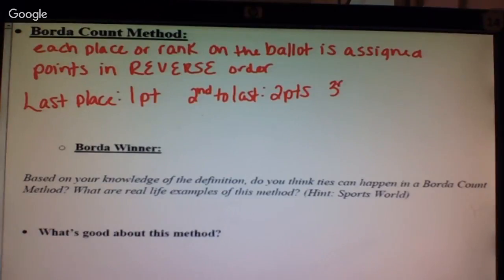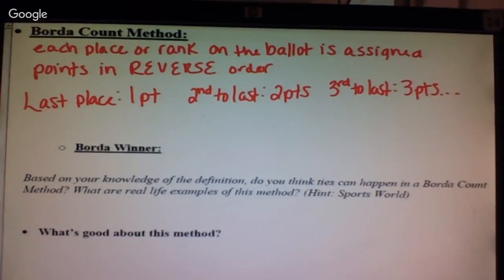Third to last gets 3 points. So on and so forth. So, in other words, if you have 4 candidates, your first place person will end up with 4 points. Your last place person will end up with 1. So it'll go 4, 3, 2, 1.